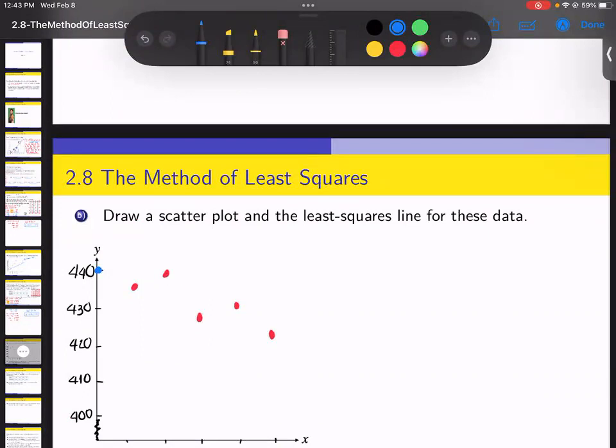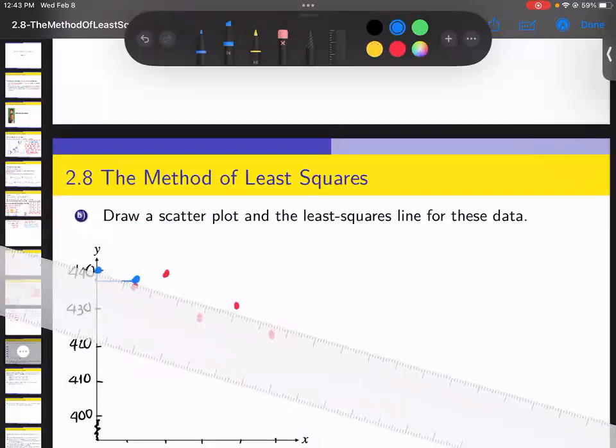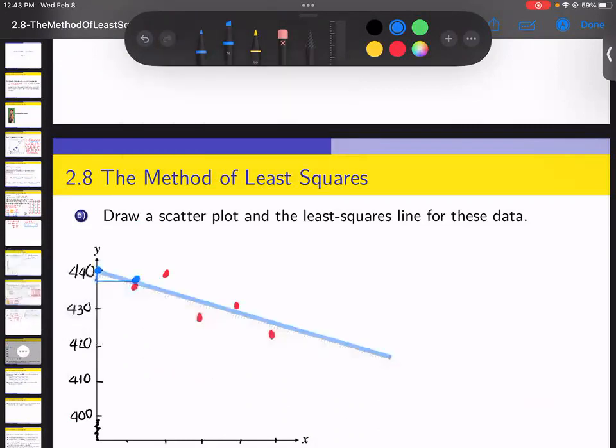You can go down just a tiny bit, and then run over 1. That's your best fit line. It looks better compared to the previous problem because the scales are similar. Before, we had a longer scale on the x-axis and a shorter scale on the y-axis.